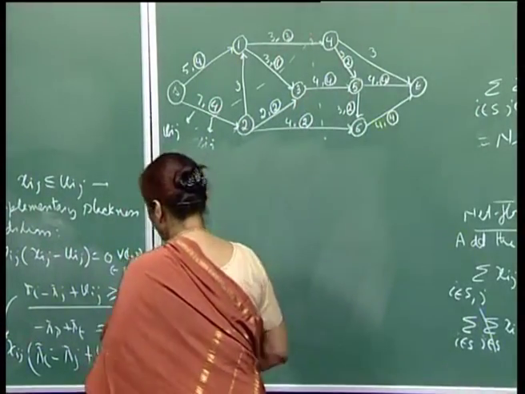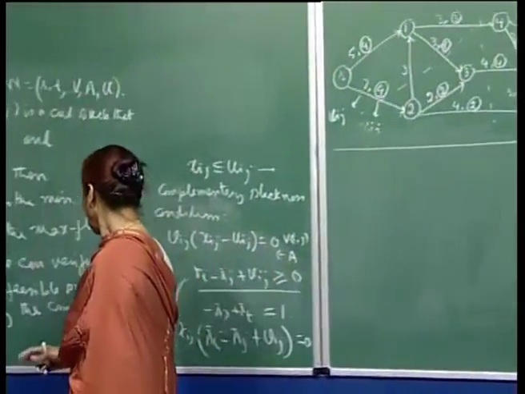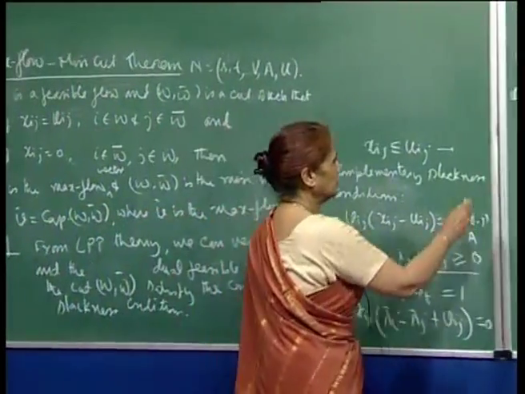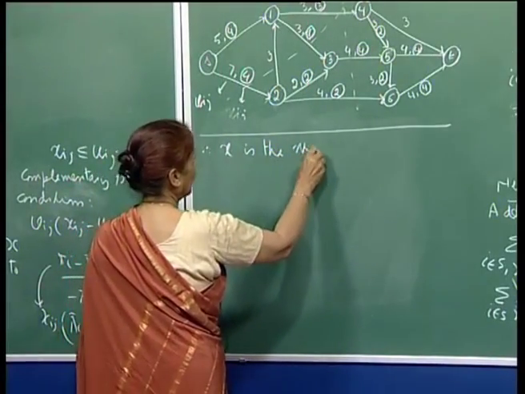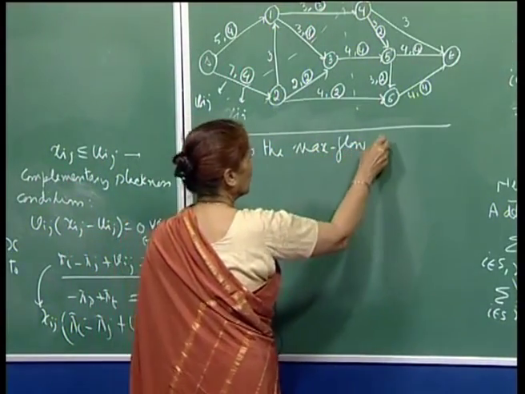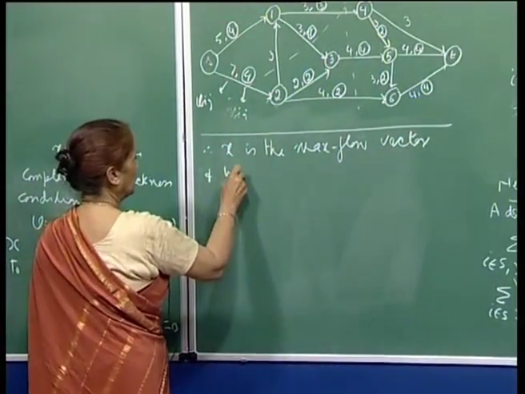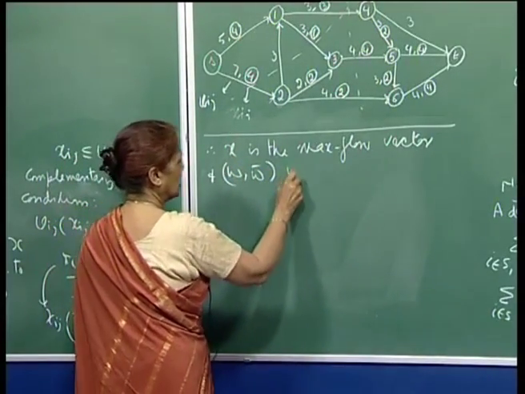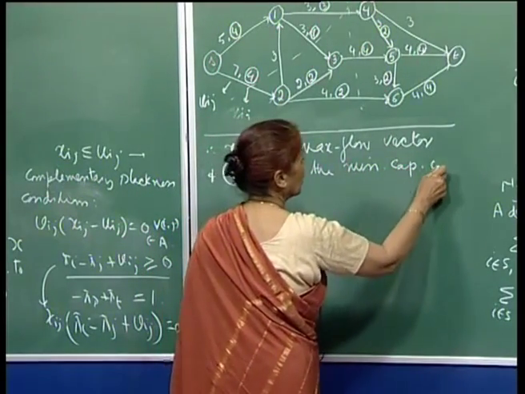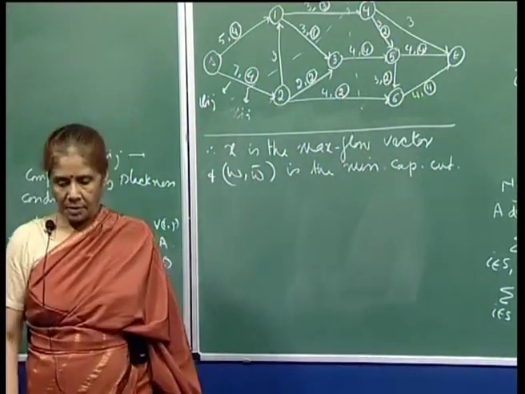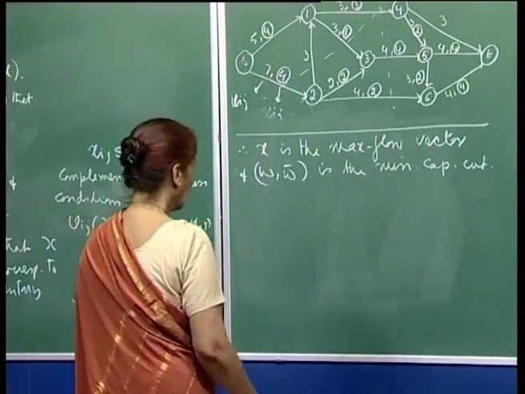Therefore x is the max flow vector, and w bar is the minimum capacity cut.